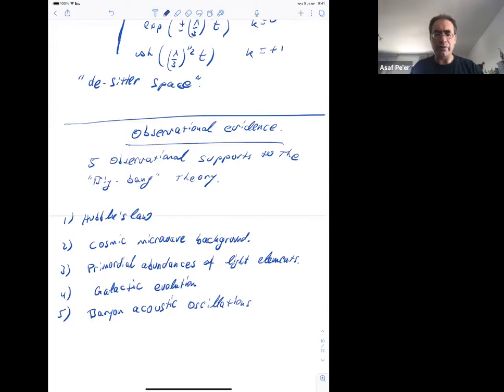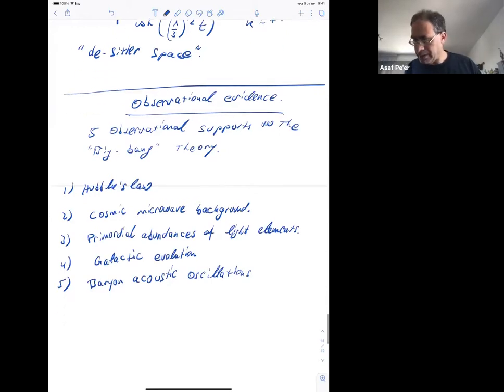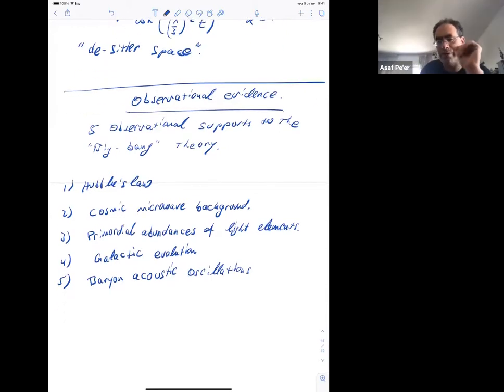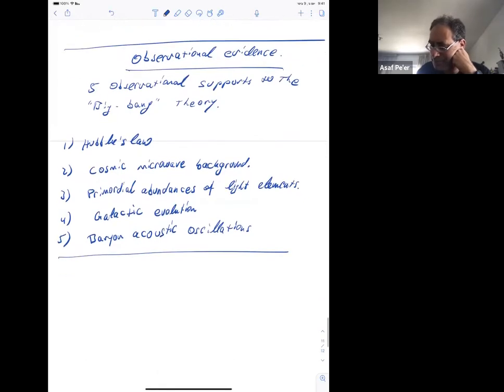Now let's start going over them one by one. The important thing here is that they're all independent measurements, so they don't rely on each other. What is what? Hubble's law. Well, I basically just showed it to you. This was the first indication that the universe is not static.